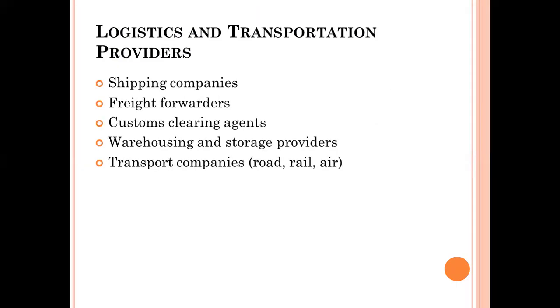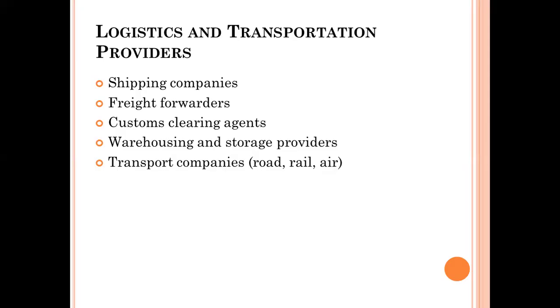Next, we come to the next step after getting the license and seeing the policies, overall the APEDA and agri export zones. The next step is going for the logistics and transportation providers. As I have already mentioned, I have listed shipping companies in the last slides.